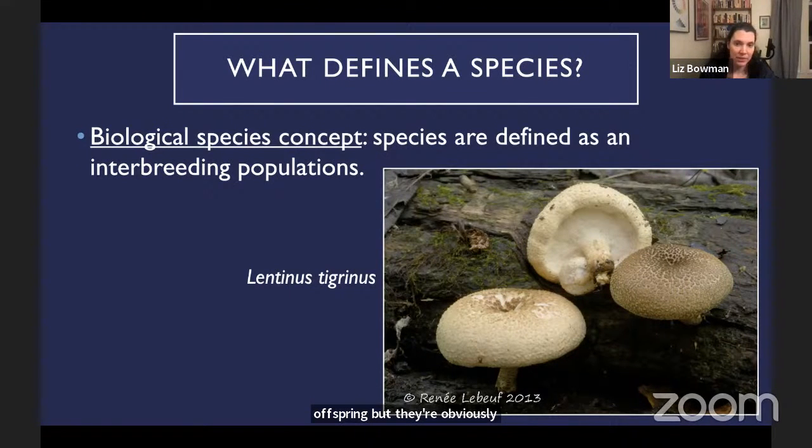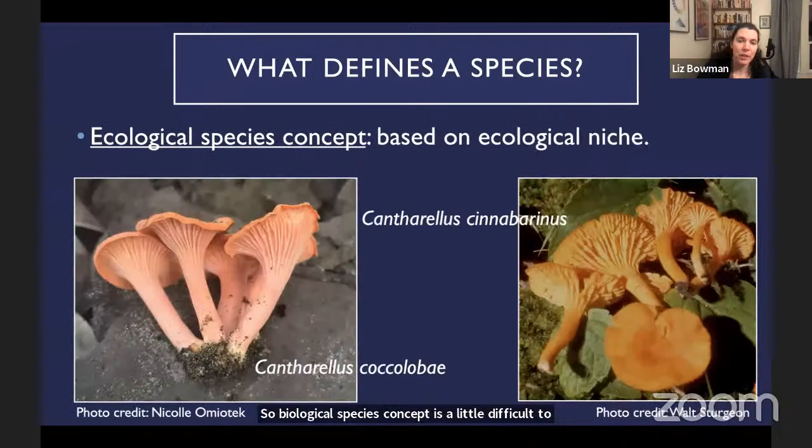They look completely different and are found in different places. It's hard with fungi because, again, not all of them reproduce sexually. Some only reproduce asexually, and some don't even do that. So the biological species concept is a little difficult to use for fungi. They like to be difficult.